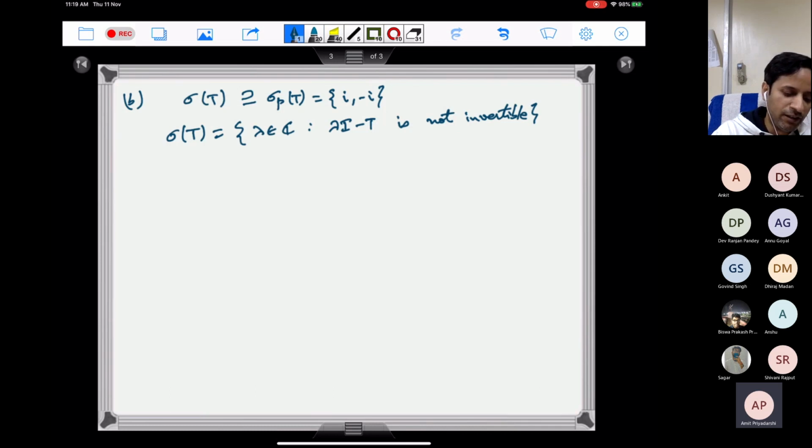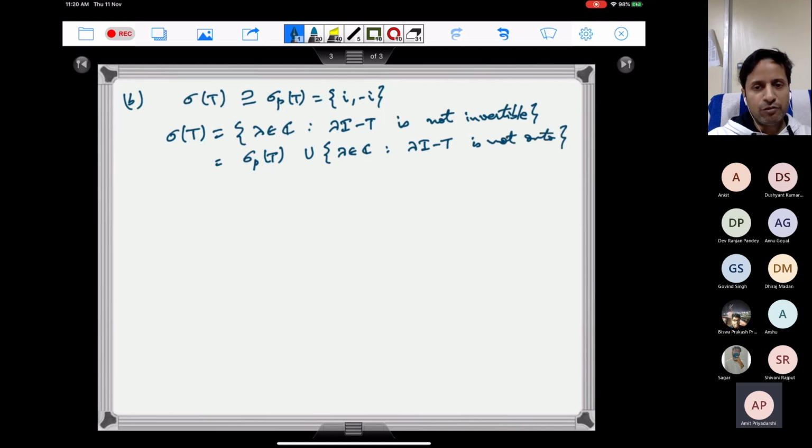So this can be written as sigma_p(T) union with the set of lambda in C such that lambda I minus T is not onto. So you should just try to see when this is onto.